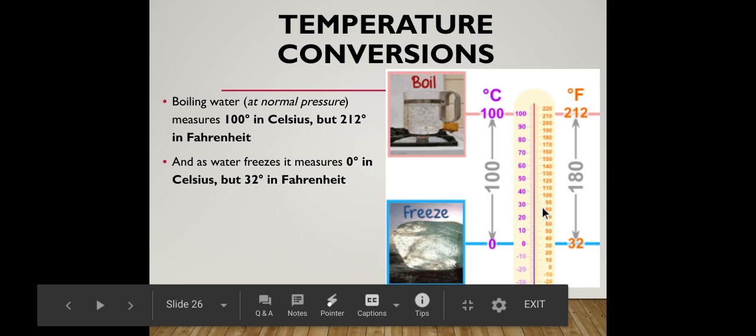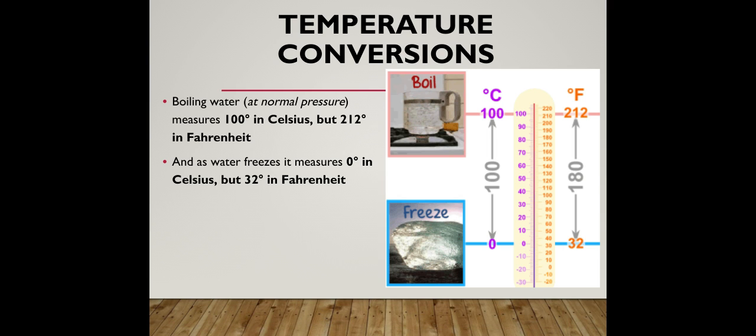So 30 is hot, 20 is nice, that's like 65, 70. 10 is cold, 40, 50, and 0 is ice. At normal pressure, that works. And it means that water is going to boil at 100 degrees Celsius, but 212 Fahrenheit. And water is going to freeze at 0 Celsius, but 32 Fahrenheit.